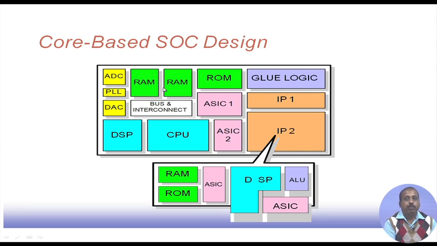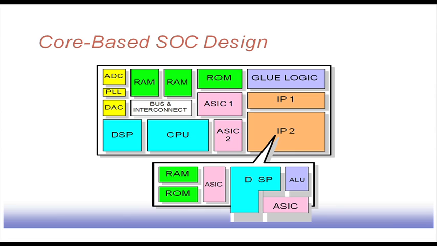Now if we want to design such a system, we have to take different components from different vendors, mount them on a PCB and make the connections between them. The disadvantage is that the CPU to memory communication is going to be an off chip communication, and we know that off chip communication is much slower compared to on chip communication.